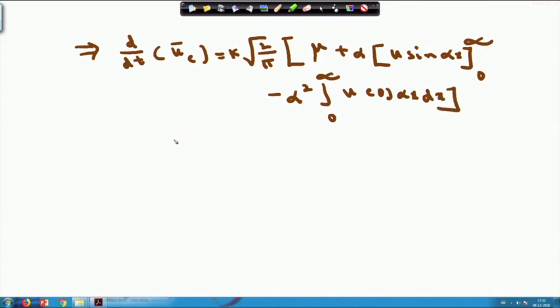This equals root over 2 by pi into k mu, and this integral is again nothing but the Fourier cosine transform of u.